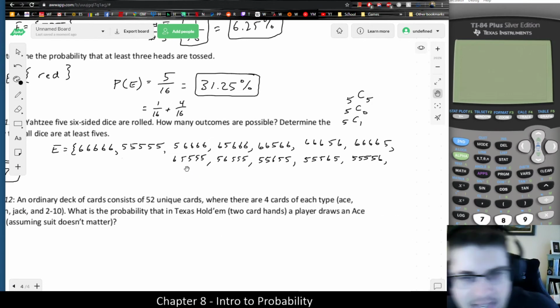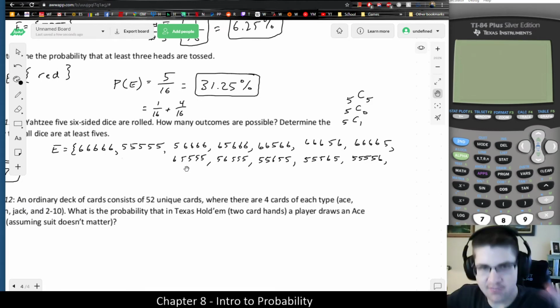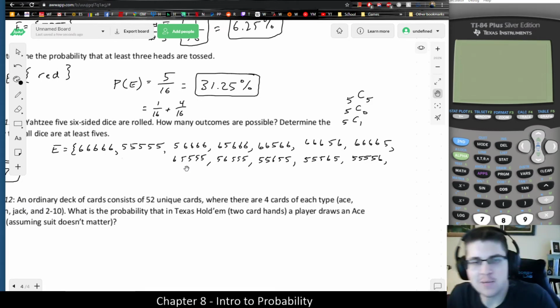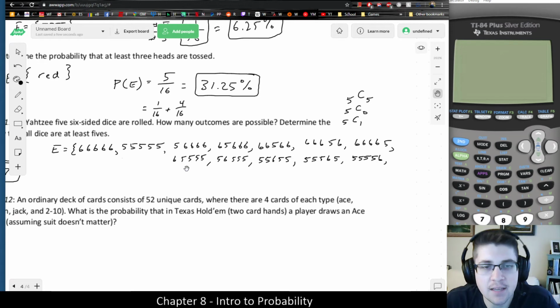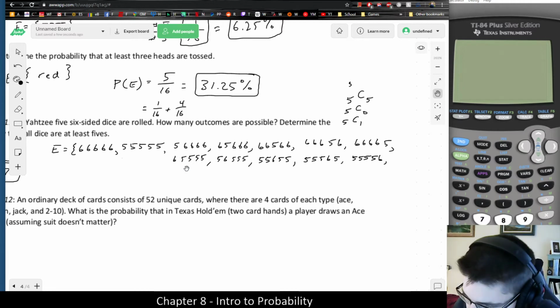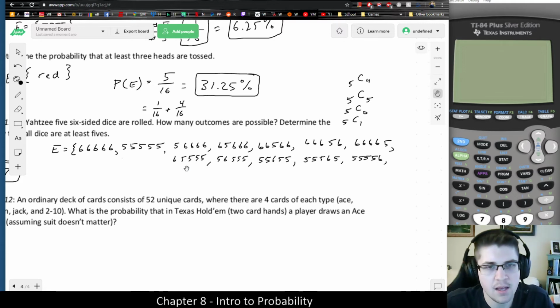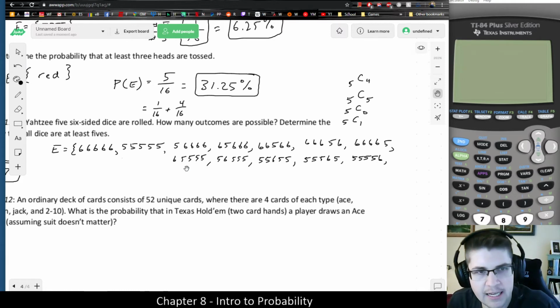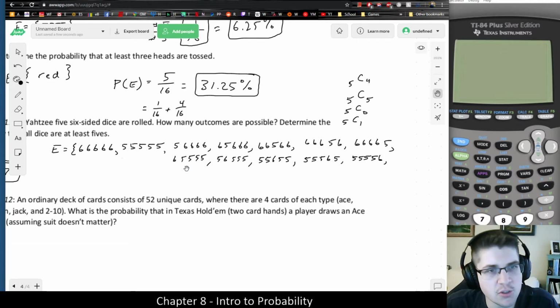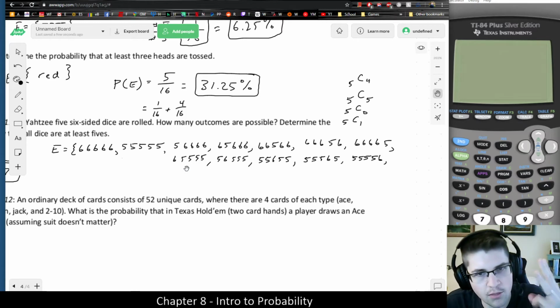Dealing with permutations and vast numbers of different arrangements can be quite difficult, but I try to focus on a very methodical way of going through each of them. So that would be 5 choose 4, which is of course also 5. And then if I'm moving on to 2 fives or 3 fives, that would be 5 choose 3 and 5 choose 4.